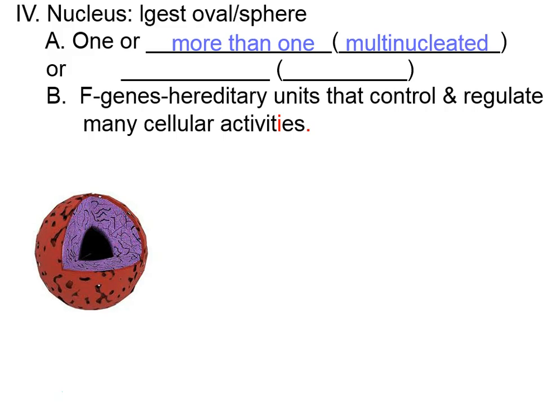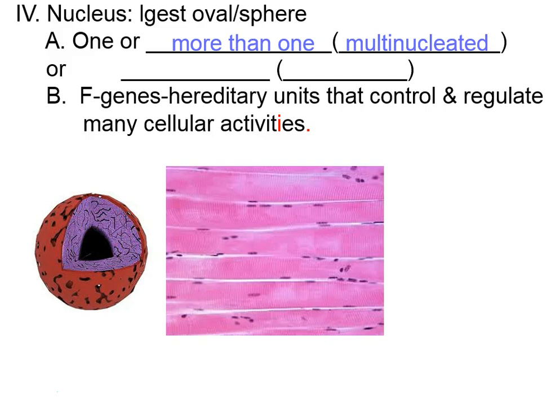We have masses of cells that go together and merge in the embryonic stage, and so you end up with a multinucleated gigantic cell once they all go together. So there's a picture of skeletal muscle, and this long fiber is considered one muscle cell, and you see those dark purple dots, those are all nuclei of that one cell.